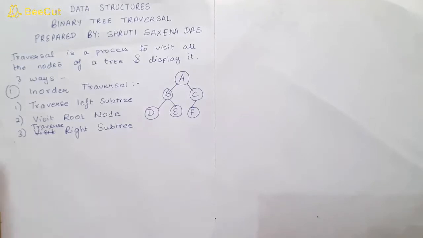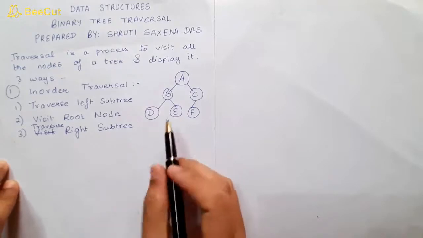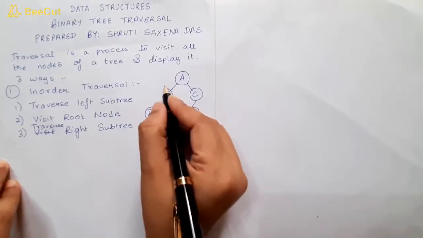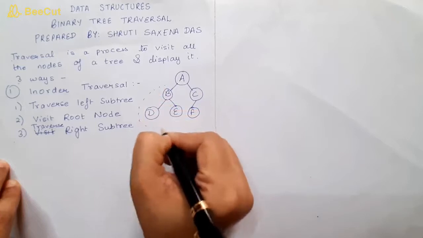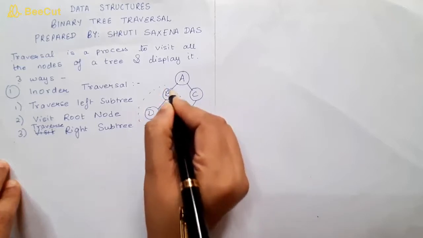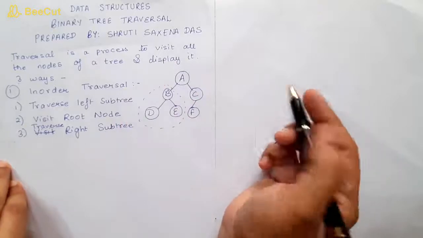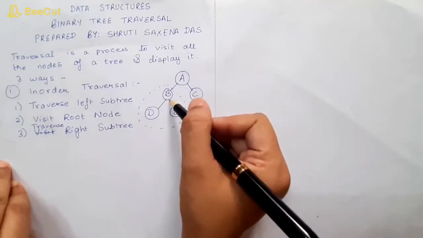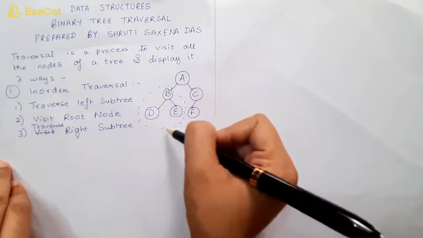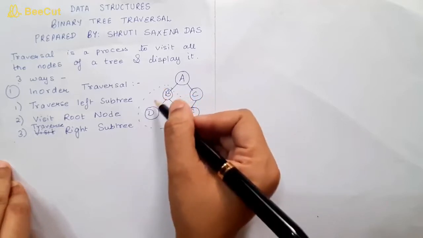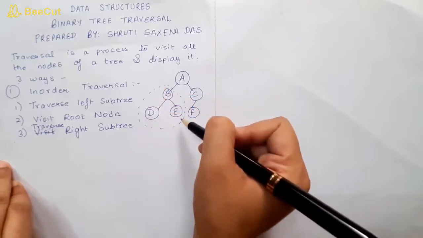In order traversal, first of all we have to traverse the left subtree. That means we have to traverse this part. Control will come to the left subtree of A. Consider this subtree as a full tree.